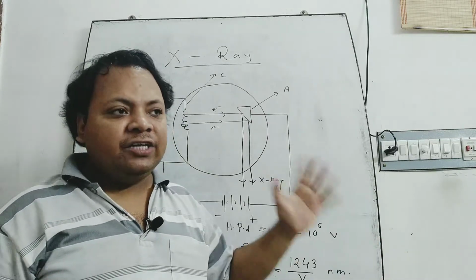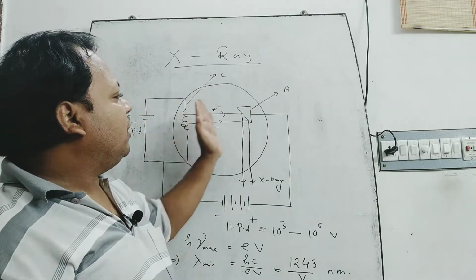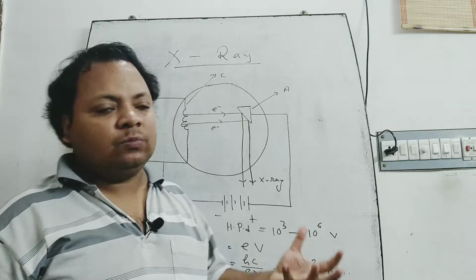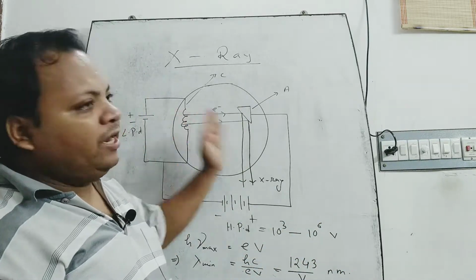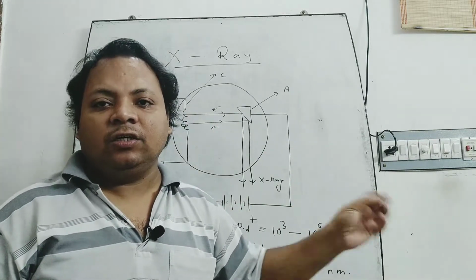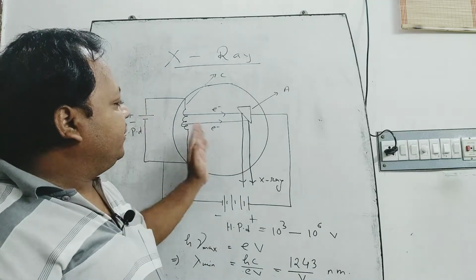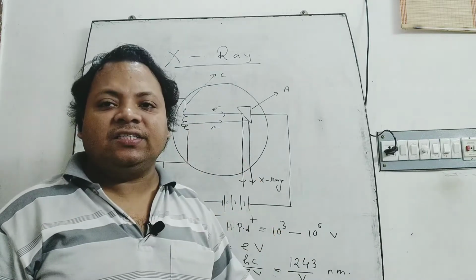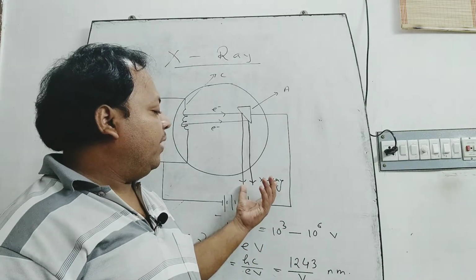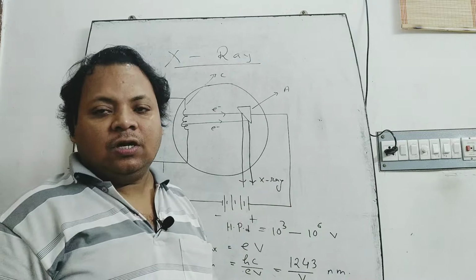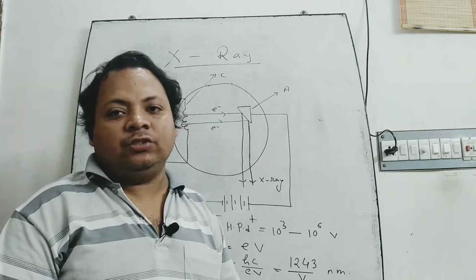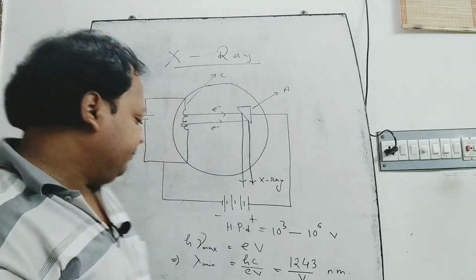Since initially the potential difference produces some potential energy of the moving electrons, this potential energy then converts into kinetic energy of these electrons. This kinetic energy then converts into the energy of the photon particles of the X-ray.